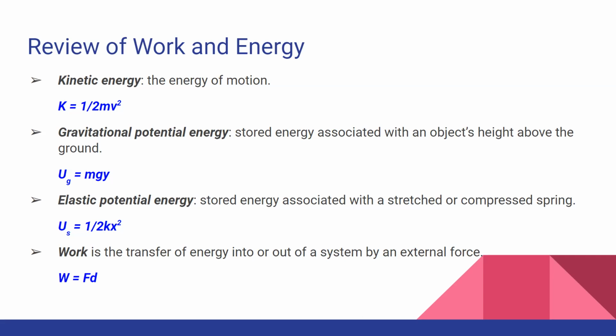So if you release the object, it will naturally fall down. We typically write this as U_G, G representing gravity, and it's given by the formula mgh, or here it's mgy. m is mass, g is your gravitational acceleration. On Earth, it's about 9.81 meters per second squared, and y is just the height, or displacement, above the ground.